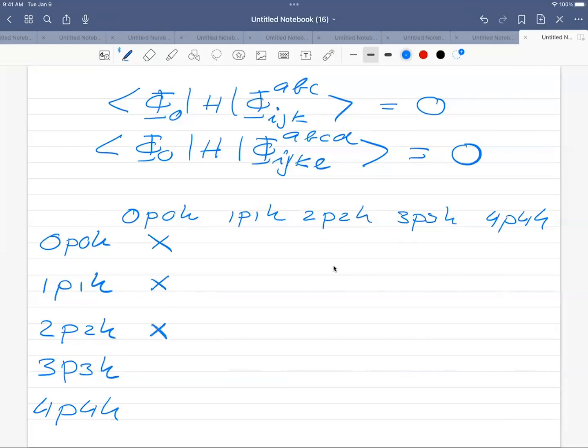This is non-zero because I can connect a 0-particle hole with a 2-particle 2-hole, but this has to be 0 and this has to be 0. So what you will see now is that your matrix, if you now have 100 1-particle 1-hole states, is going to be a very sparse matrix. In this case, it's going to be a little bit denser because we have only up to 4-particle 4-hole excitations.